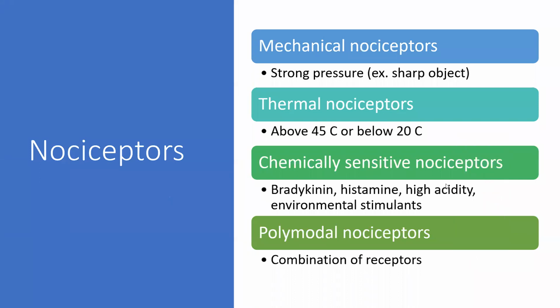So that's for your cutaneous receptors. Let's now go to your nociceptors. Your nociceptors are the receptors for pain and temperature. And your nociceptors can be further classified into mechanical, thermal, chemical, and also polymodal.